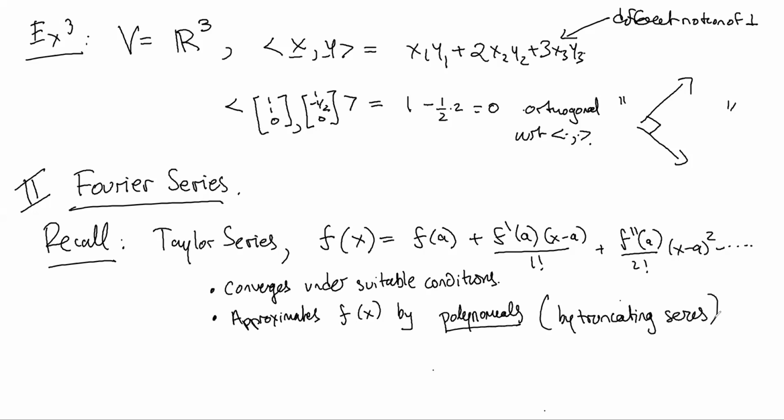Math 1B. It approximates a function by polynomials, but only near this point a. Unless you get lucky, like with the exponential function, it generally only works near a fixed point. So that's Taylor series. In mathematics, there are two main kinds of series. The first is Taylor series that you already learned about. The second is Fourier series. Let me tell you what Fourier series is.